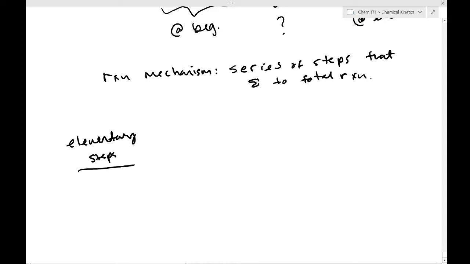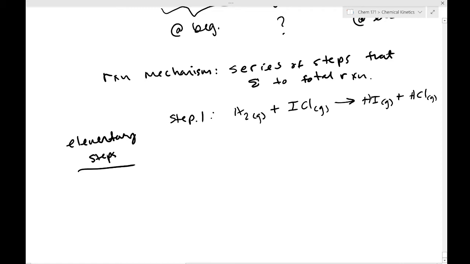So for this reaction above, we have step 1. Step 1 involves the reaction of one hydrogen molecule with one iodine monochloride molecule to form hydroiodic acid and HCl. That's the first step.